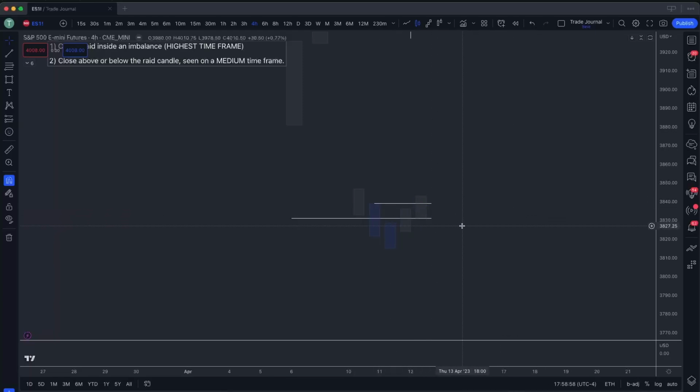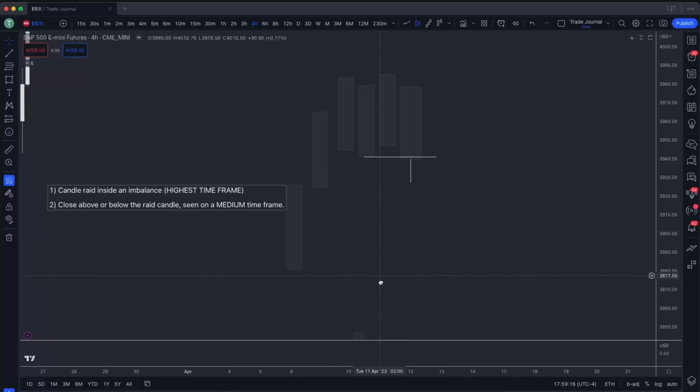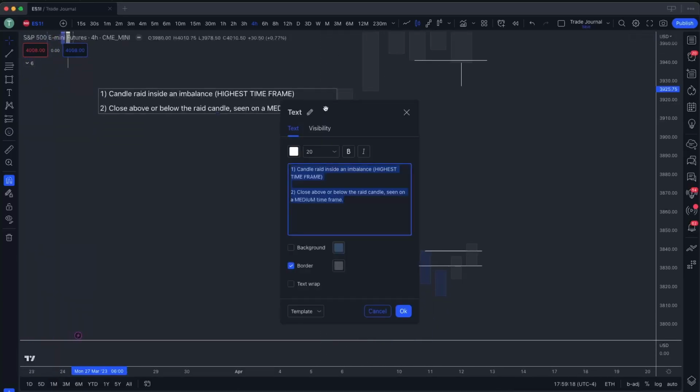Now, once you have this, you might be able to have this as an optional step. You'll see there's some examples where if you have more confluence, maybe you don't need to wait for this close on this medium time frame, because what you're going to find on the lower time frame, which is step 3 on this list, which can just be step 2, is a market structure shift or break, whatever you want to call it, on a lower time frame.